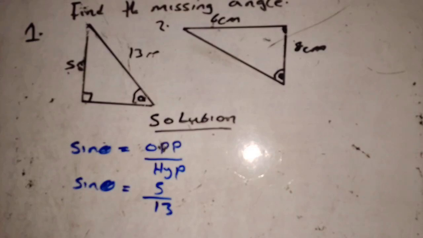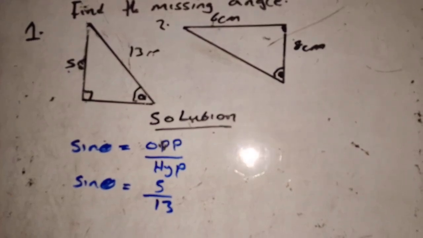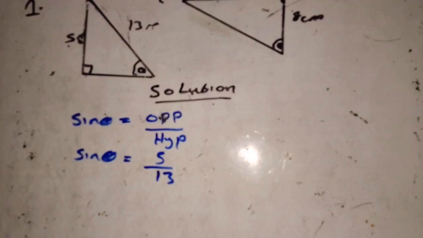So let's now do 5 divide 13. It will give us 0.38. So sine theta is equal to 0.38.